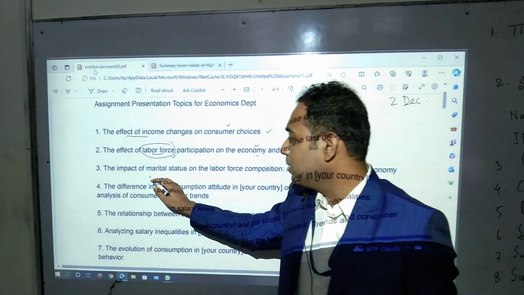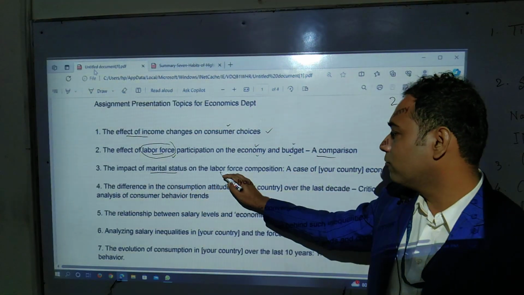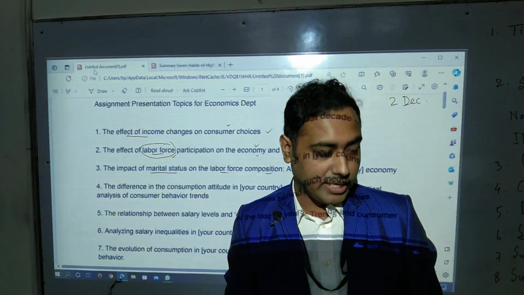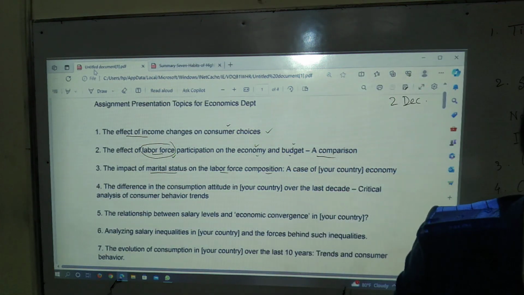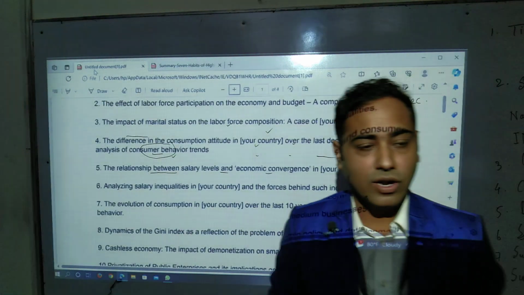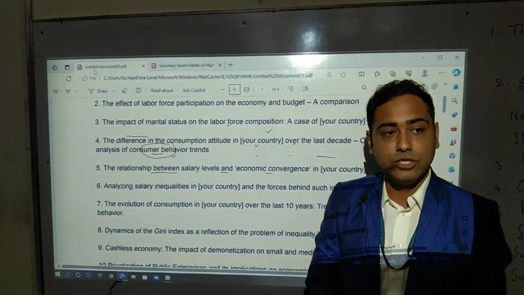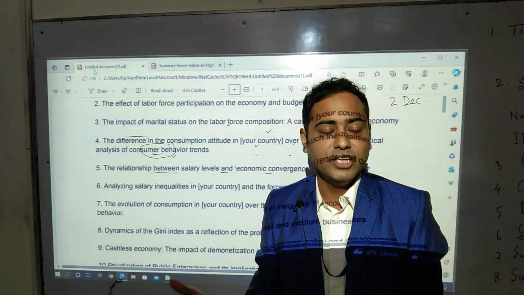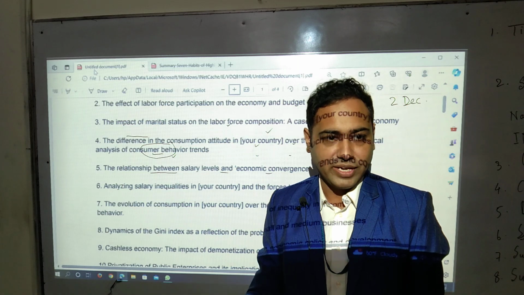Then comes the impact of marital status on the labor force composition. Marital status means you have a family, and think, you are married or unmarried. Two ideas. When you are married, at that time you need to expand your expenditure, I mean to say cost of living.